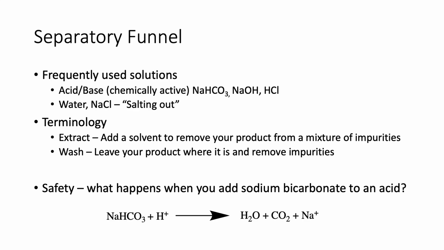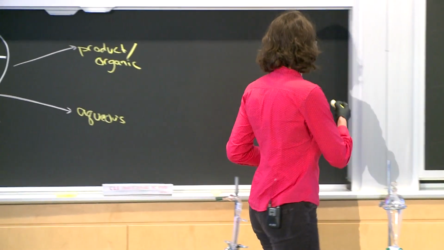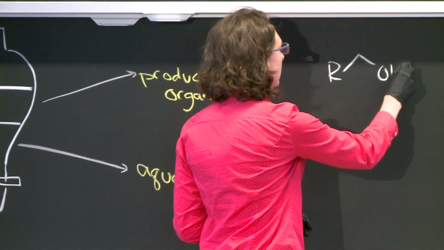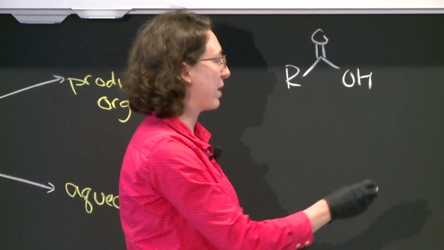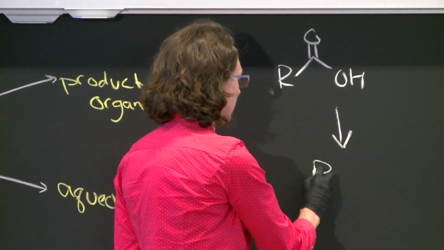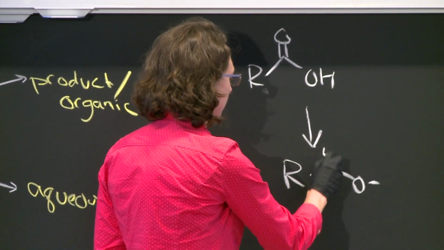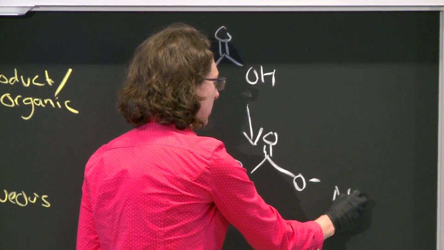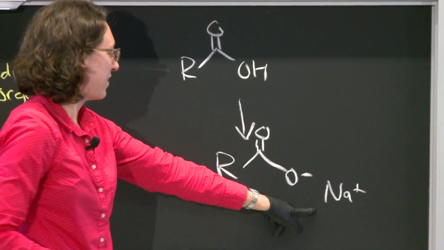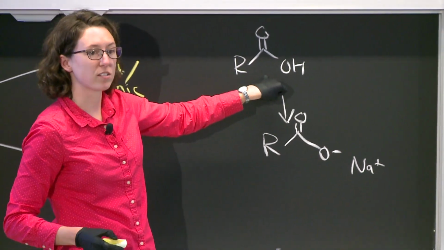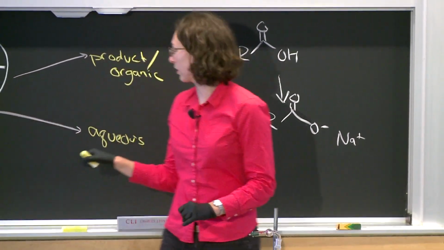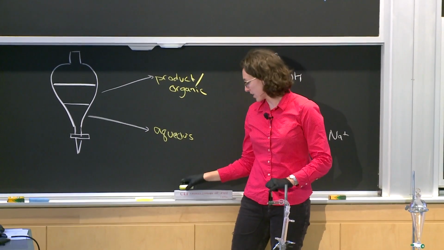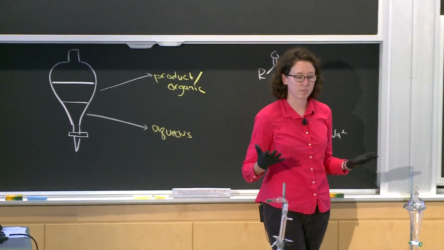And when we do that, so if we have our carboxylic acid, if you add a base to it, then you can deprotonate it. And if we have sodium bicarbonate, it'll form a sodium salt. And that is more polar than this, so it will be more soluble in our aqueous layer, and we will pull it away from our product. So that's the idea behind the base extraction.